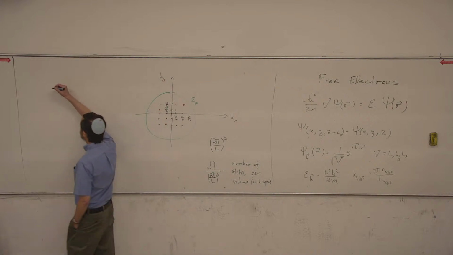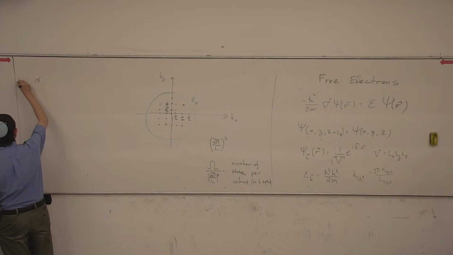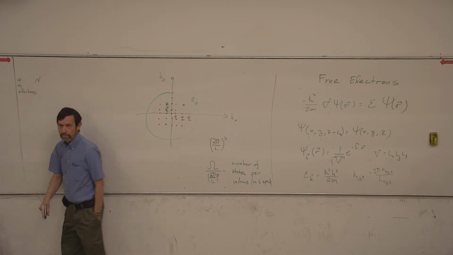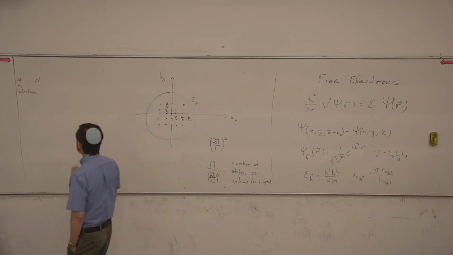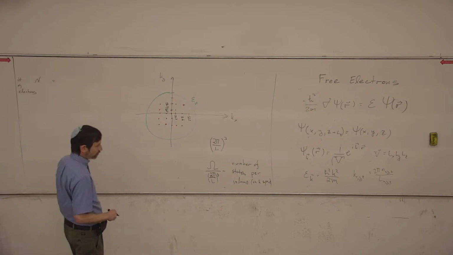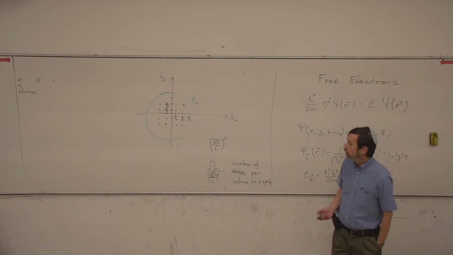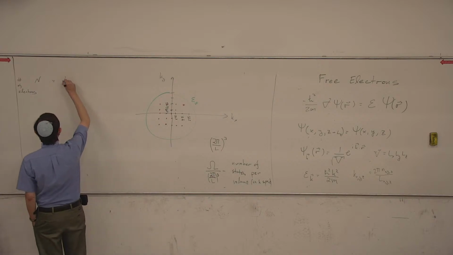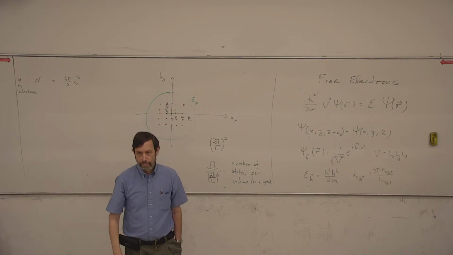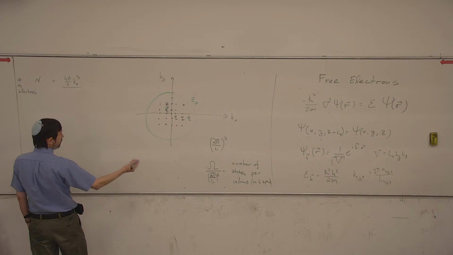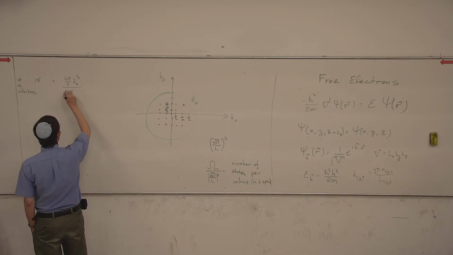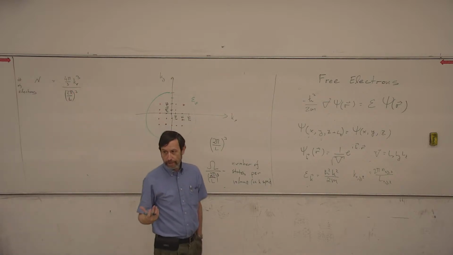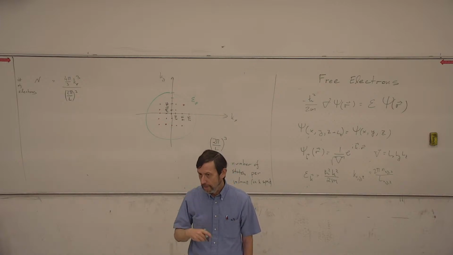So if I have N electrons, it should be equal to the volume of the sphere divided by the number of points per unit volume, or the volume of each point.